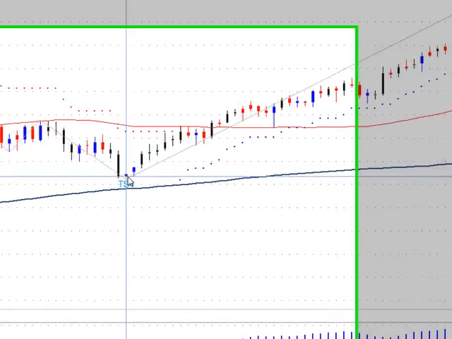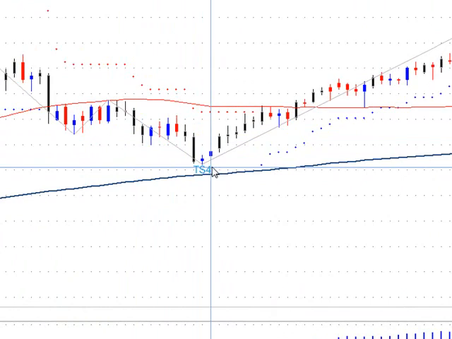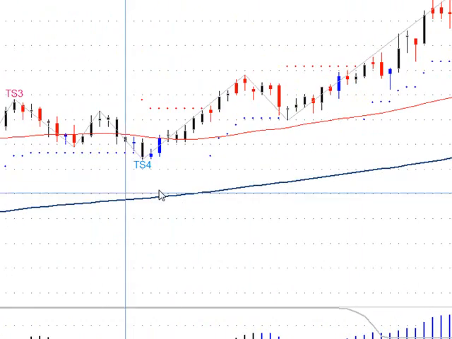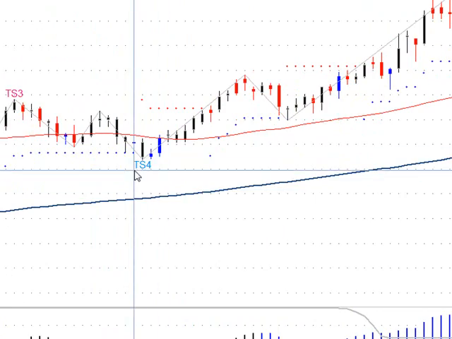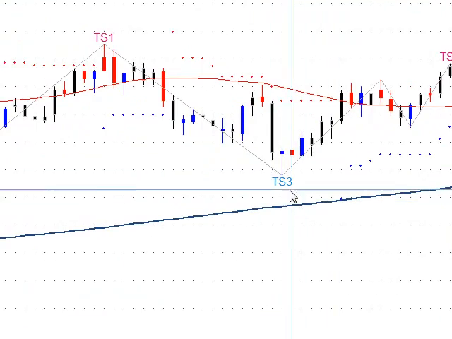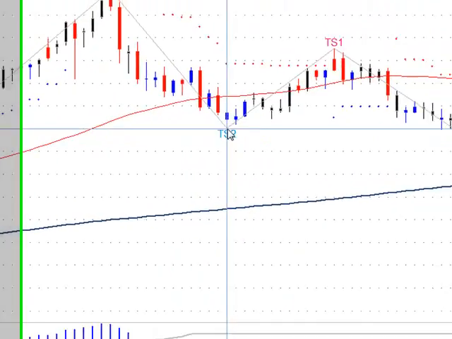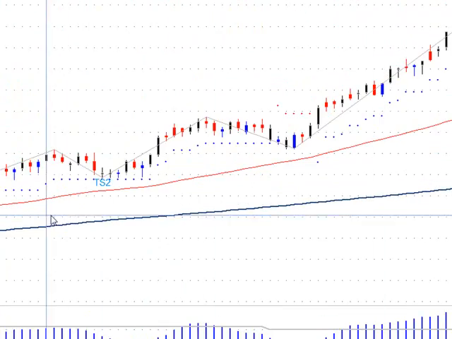Nice TS4 here, again below the 50-day but above the 200-day, as this market is in an uptrend, obviously. Anytime we get below the 50-day, these have been buying opportunities in gold.